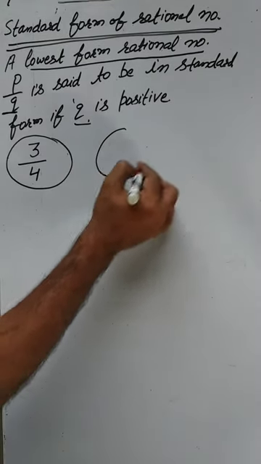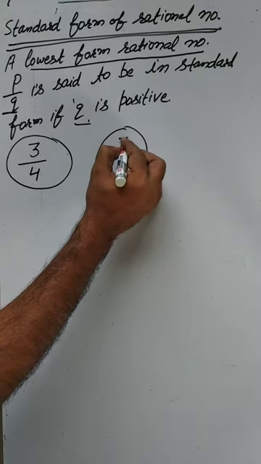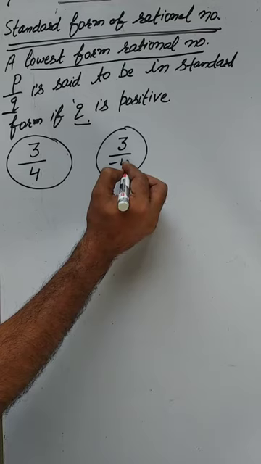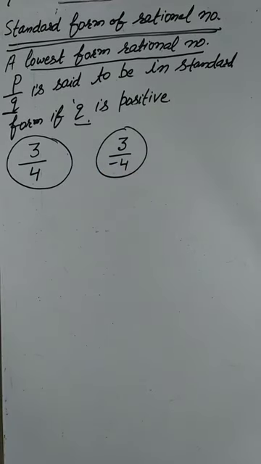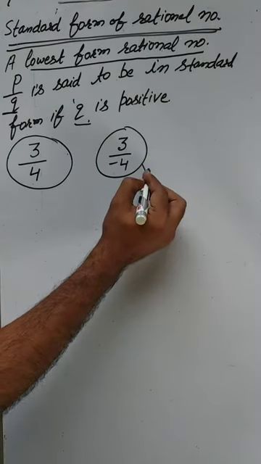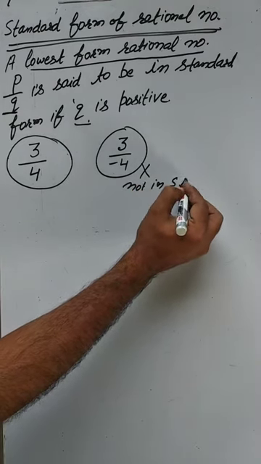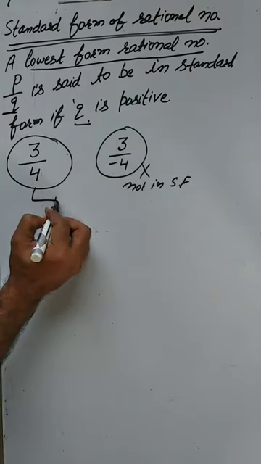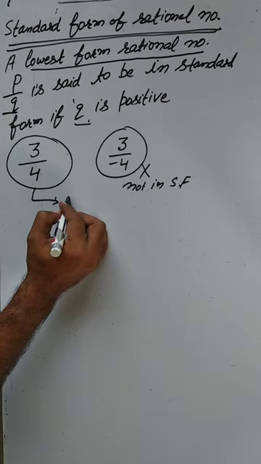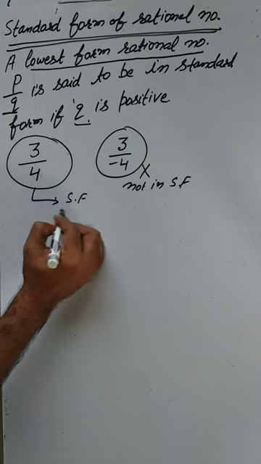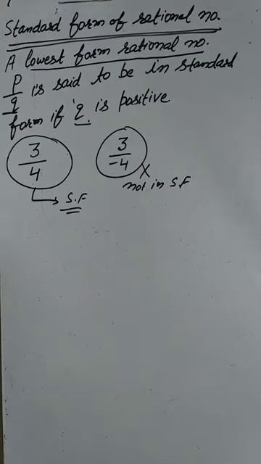And beta, if denominator is not positive, suppose I have written minus 3 upon minus 4, then it is not in the standard form. And if denominator is positive, then it is in standard form. So clearly a lowest form rational number with positive denominator is said to be in a standard form. Understood beta?